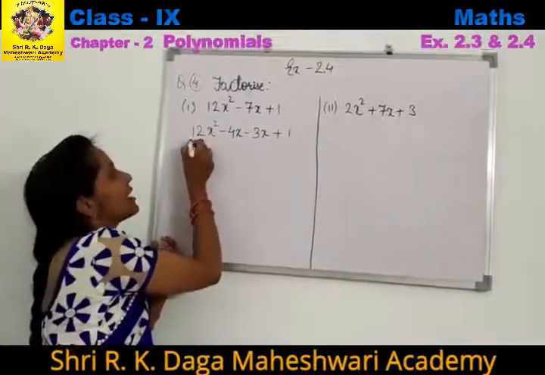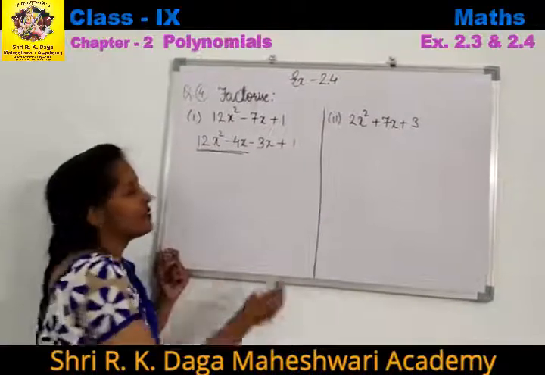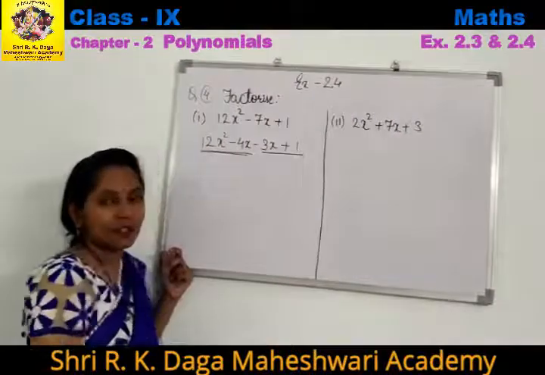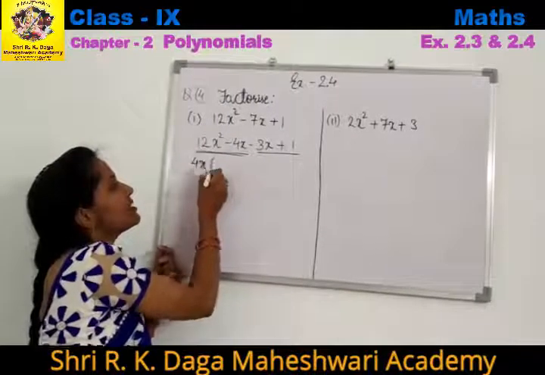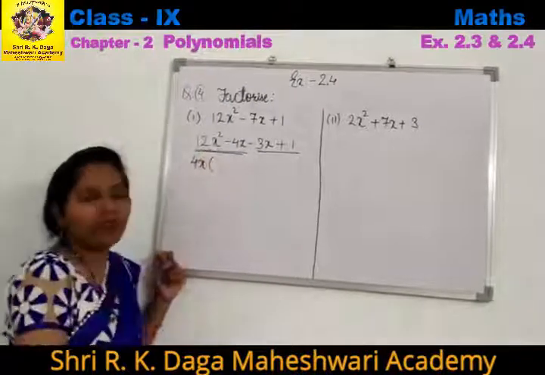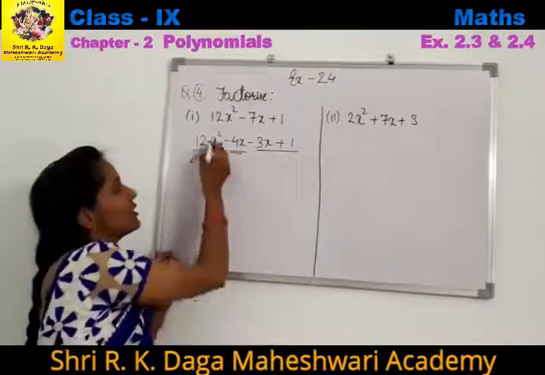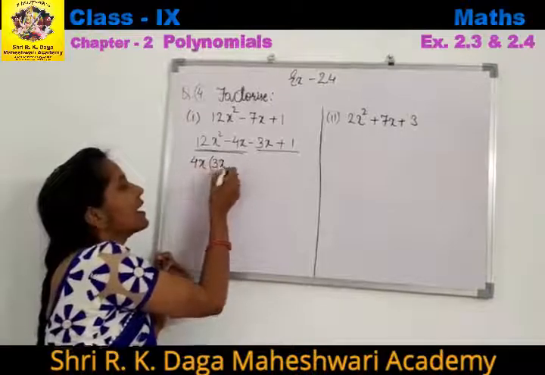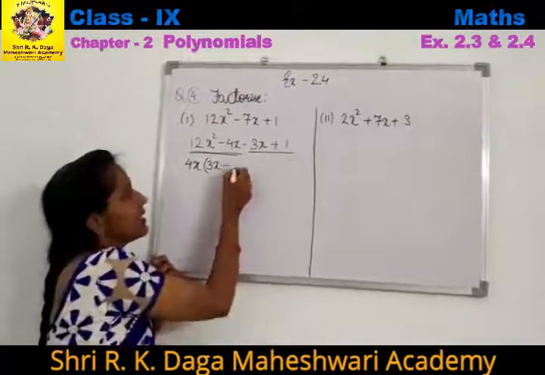Now to factorize this, we will take the first two terms and the last two terms. When we take the first two terms, from these terms we can take 4x as common. When we take 4x as common, in the bracket we will have 3x minus 1.